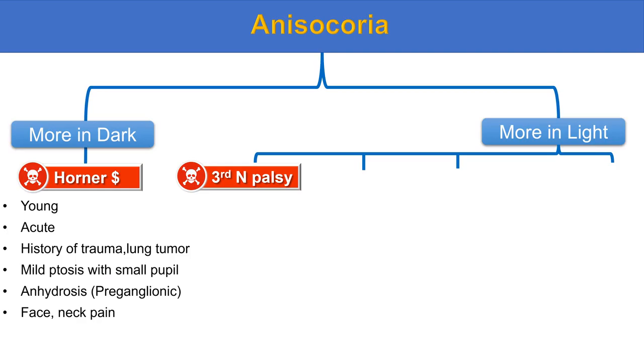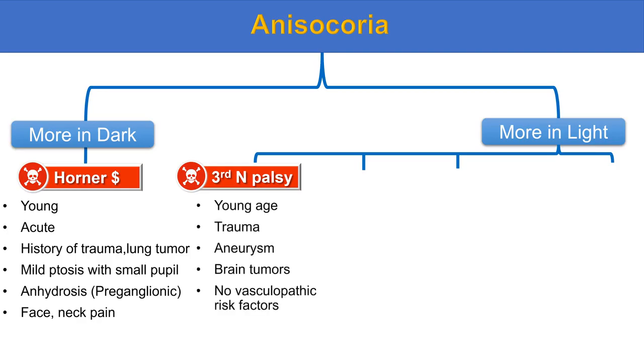Third nerve palsy, again, as I told you, we will discuss in strabismus. But again, third nerve palsy can be due to life-threatening conditions such as intracranial tumors or aneurysm, especially if the patient is young with a history of trauma, aneurysm, or brain tumor with no vasculopathic risk factors.